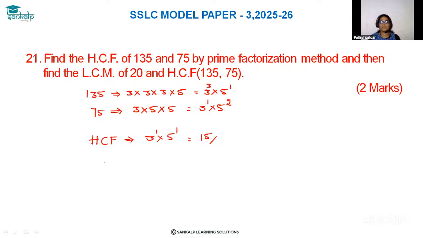So the LCM of the HCF of 135, 75 and 20.